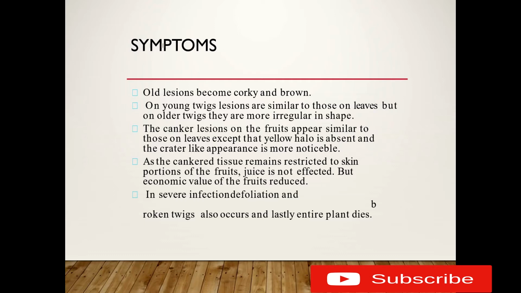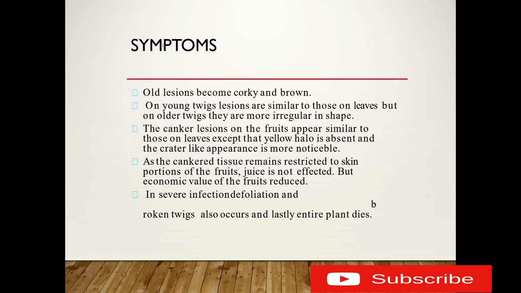The canker lesions on fruits appear similar to those on leaves, except that the yellow halo is absent and the crater-like appearance is more noticeable in the case of cankers in fruits. Whereas in leaves or twigs these appear as spots, in fruits they appear with a crater-like appearance. You can see this in the picture.